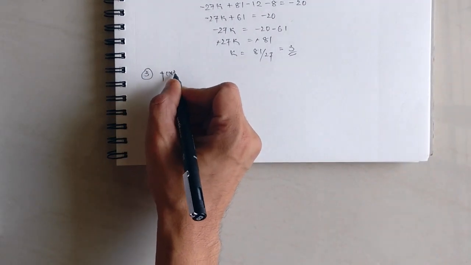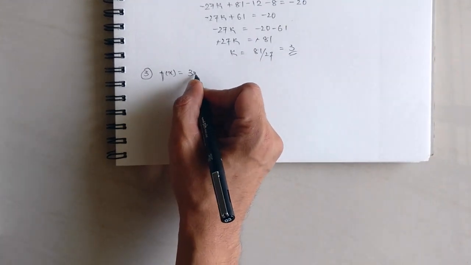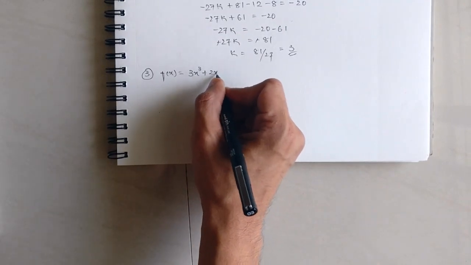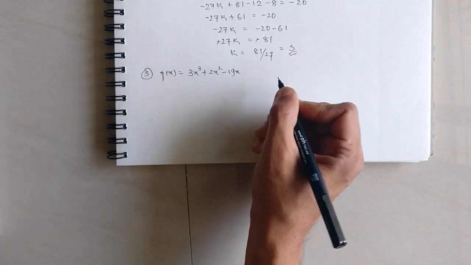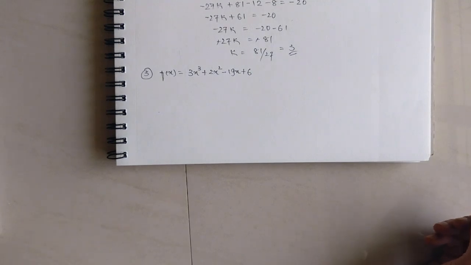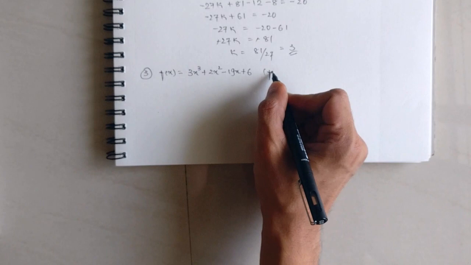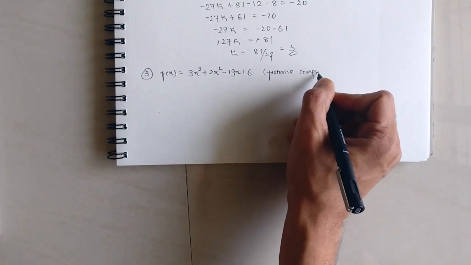I will name the given polynomial as f of x, which is 3x cube plus 2x square minus 19x plus 6. So what you need to do, you need to use the remainder theorem and factorize the given polynomial completely.